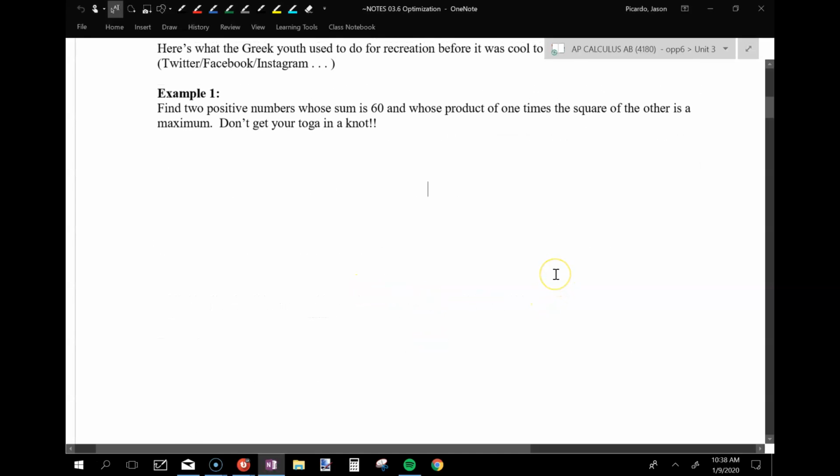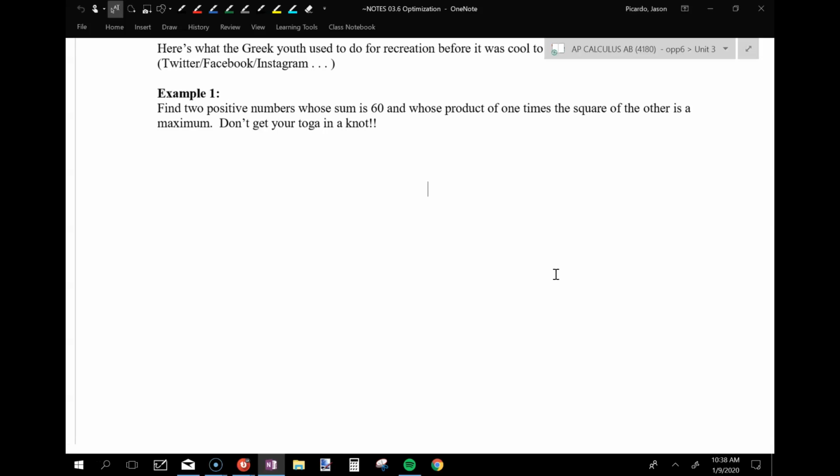All right, so here's what we got. Our first example, very, very straightforward. You probably could have seen something like this in one of your regular algebra classes years and years ago. I want to find two positive numbers whose sum is 60. Well, right away, that sounds like a word problem where I have to create a let statement and create an equation.